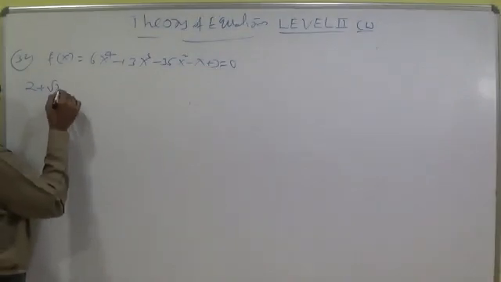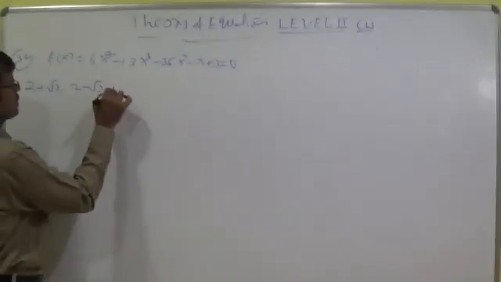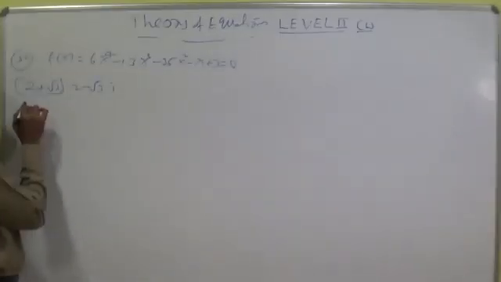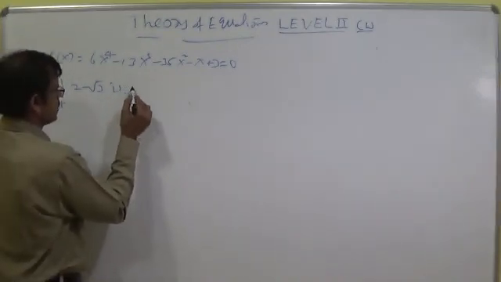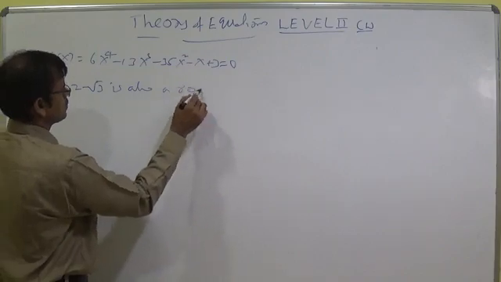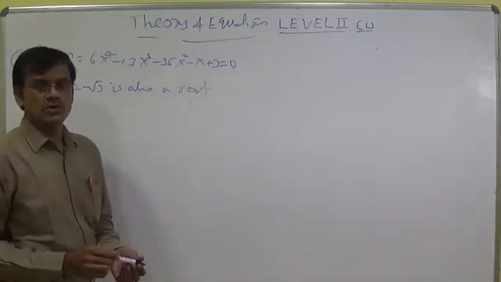Whenever 2 plus root 3 is a root, then 2 minus root 3 is also a root. 2 plus root 3 is a root given. Since 2 plus root 3 is a root, then 2 minus root 3 is also a root.